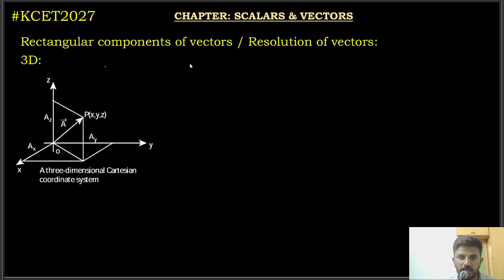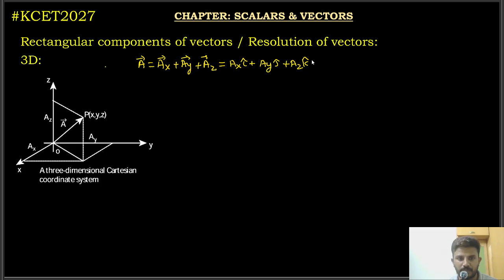Then vector A is given by taking the Ax vector, Ay vector, and Az vector, that is the components of A along the x-axis, y-axis, and z-axis. So in terms of unit vectors, it can be written as Ax i cap, that is along the x-axis, Ay j cap, and Az k cap.